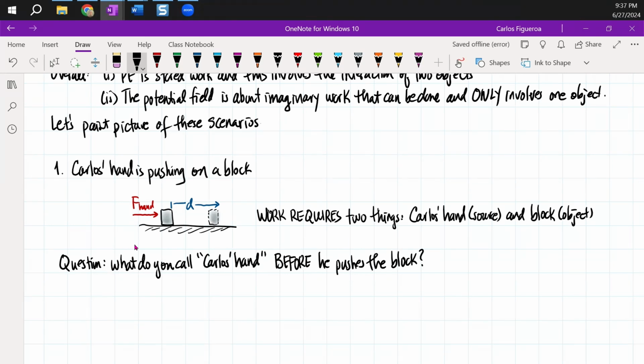What would you call it? In physics, we say it's the potential to do work.